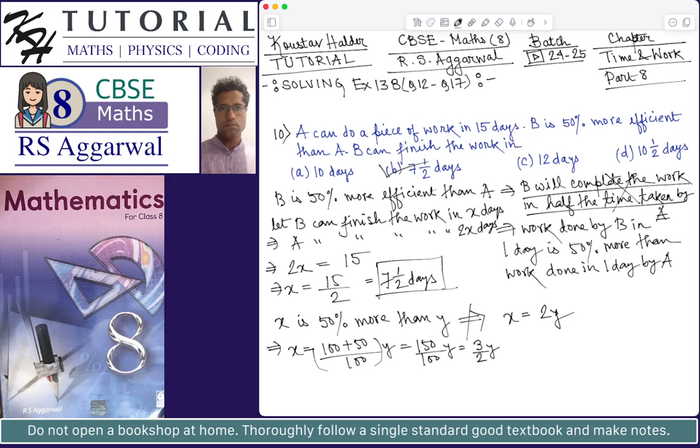If X is 50% more than Y, then X is actually 3 by 2 Y, which is 1.5 times Y, and not equal to twice Y. So anyway, I will approach the problem in a different way. Let me delete all the previous incorrect solution.